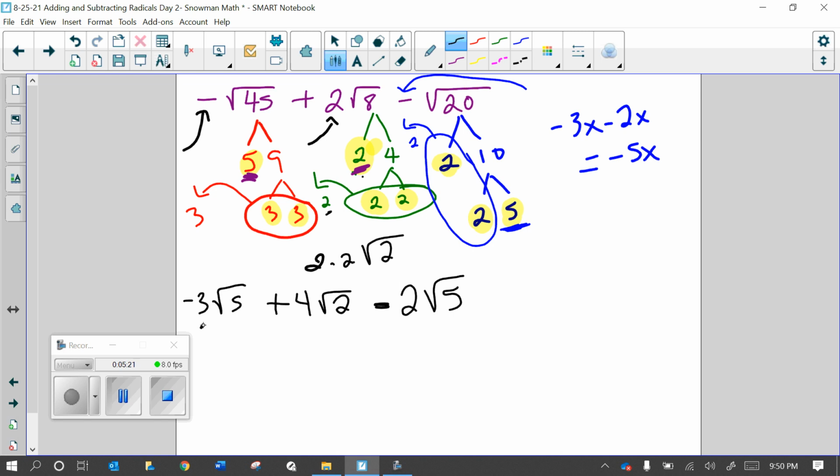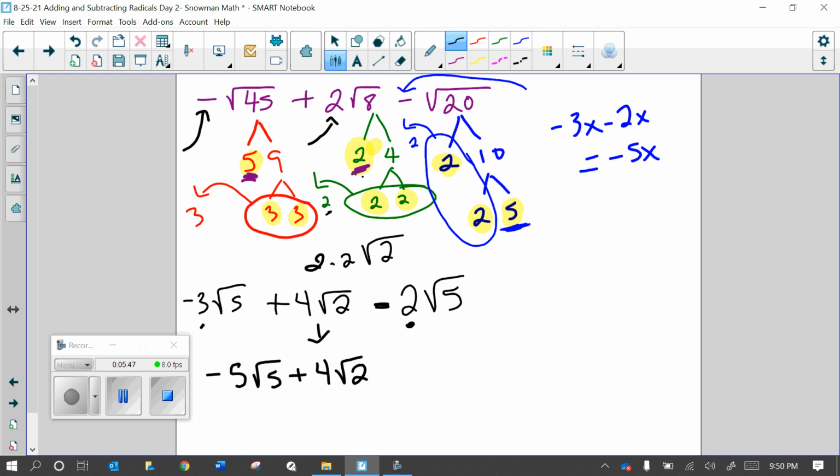So on the front here, we have a negative 3 and a negative 2. And then on the inside, the square root 5 matches, so we can combine those. The negative 3 square root 5 and the negative 2 square root 5 combine to give you a negative 5 square root 5. Then you just bring down this plus 4 square root 2.